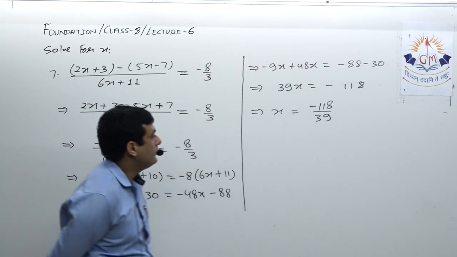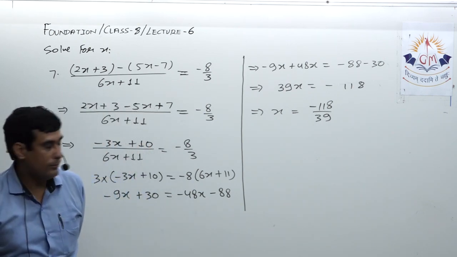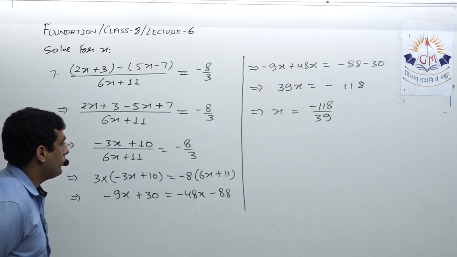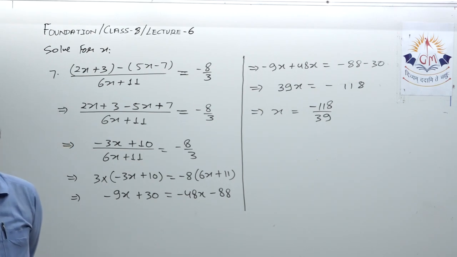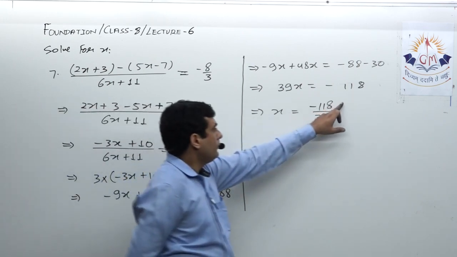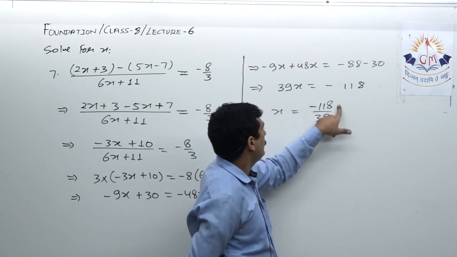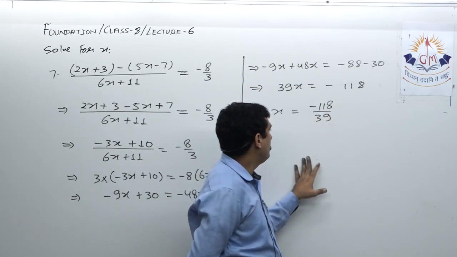Please do check. I think this is the final answer, but please do check whether it is possible to divide this 118 and 39 by a common number or not. See, 118 is divisible by 2, but 39 is not. 39 is divisible by 3, but 118 is not. Both are not divisible by 7.